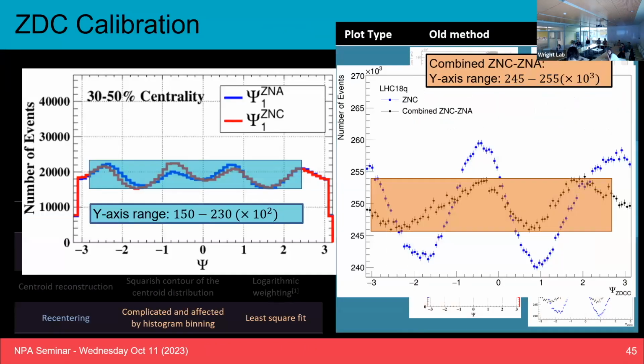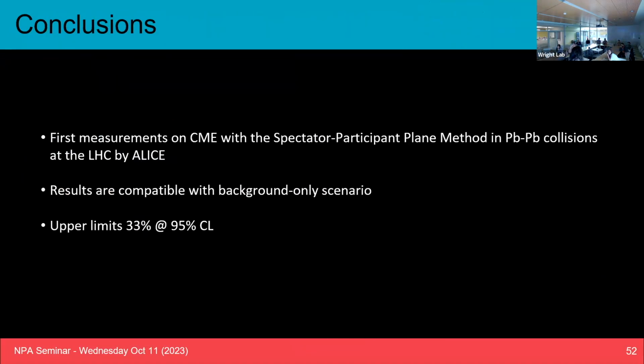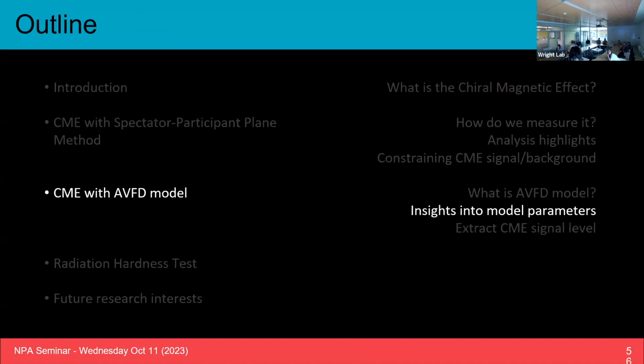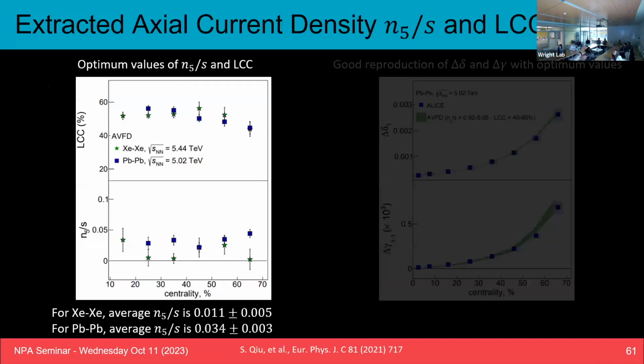Okay, so is everything clear, or any questions? Please ask. So I guess you haven't compared their previous measurement with your AVFD model, but is there anything you can compare your newest measurement with the SPPP method, any theory prediction?